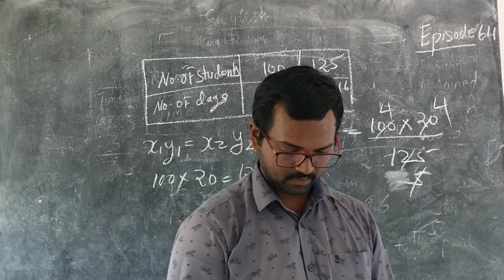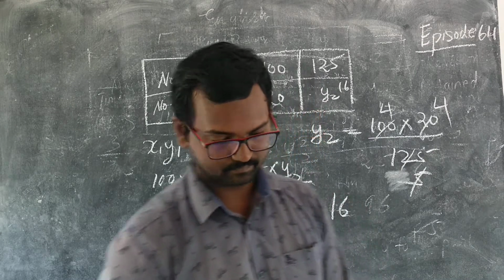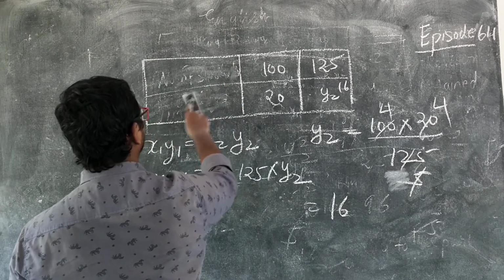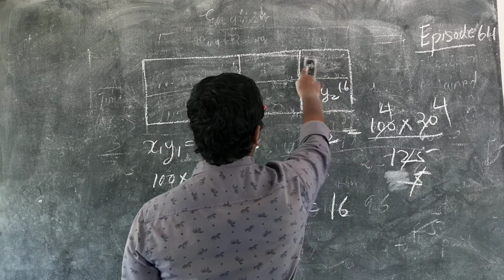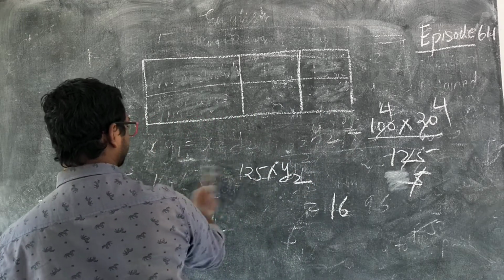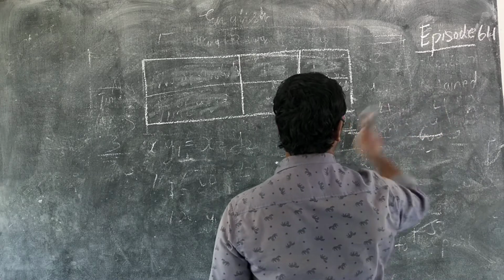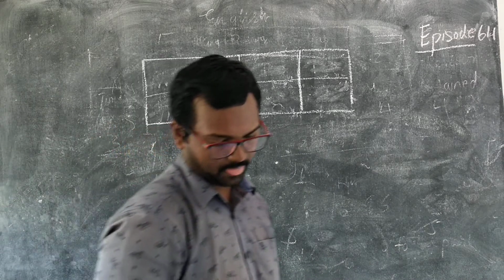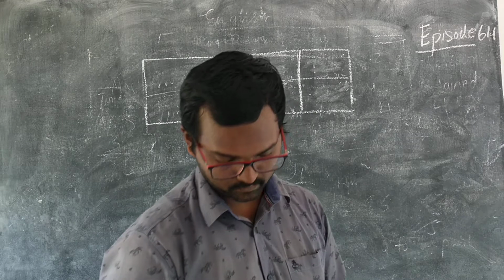Okay students, now look at the 9th one. If 15 workers can build a wall in 48 hours, how many workers will be required to do the same work in 30 hours?